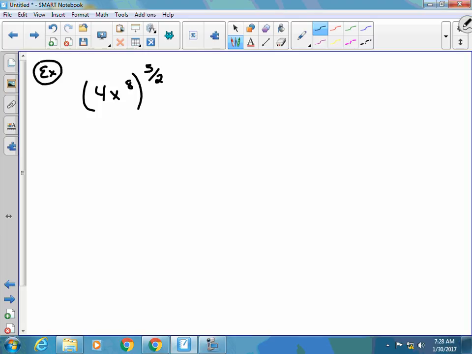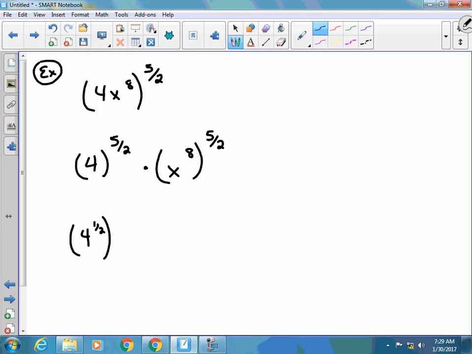So it's going to be 4 technically to the power of 5 over 2 times x to the 8th, to the power of 5 over 2. So now I'm going to break it down into each separate one. So now I've got 4 to the power of a half to the power of 5 times x to the power of 8 times a half to the power of 5.